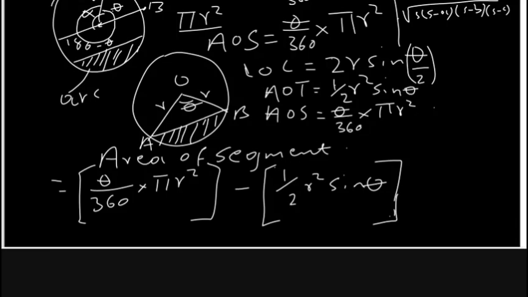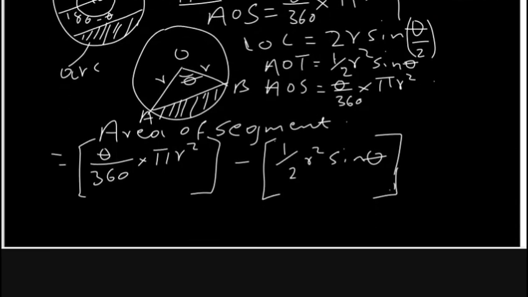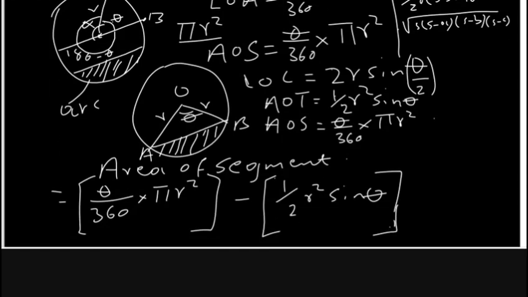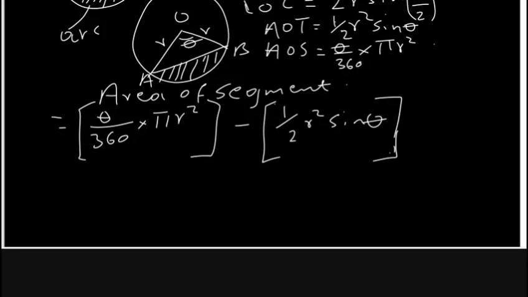When they are not labeled, if major is not included, you always take it as minor sector, and it will also be very clear given the angle that will be provided for you. So this is just a rundown of how we go about all this.